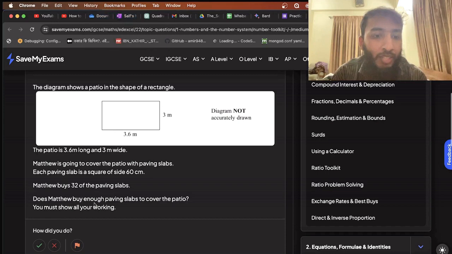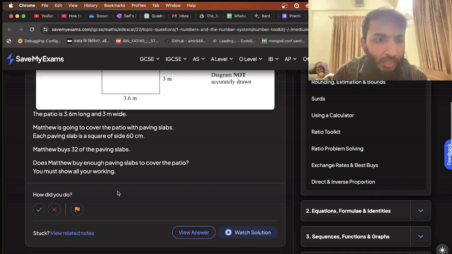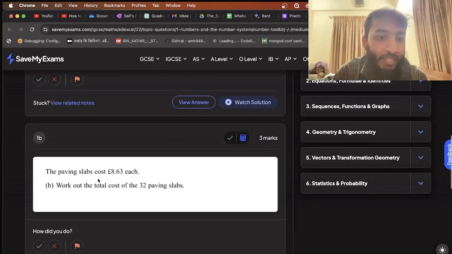So was it enough? The question was, did Matthew buy enough paving slabs to cover the patio? The answer is yes, he bought 2 extra, because 30 was enough.